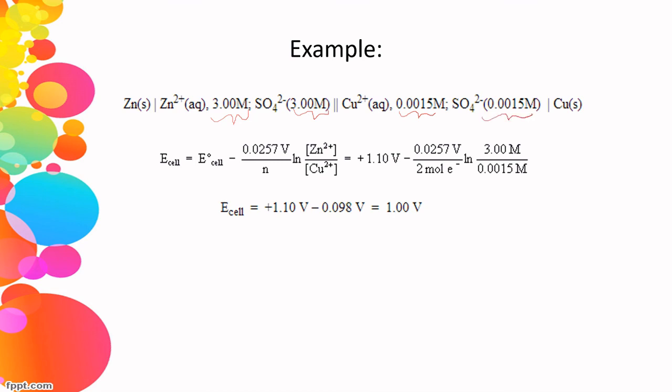When we calculate E cell, we use the formula E naught cell minus 0.0257 volt divided by n, times ln of zinc 2 plus divided by copper 2 plus. So what we get is 1.1 volt minus this value, and the EMF of the cell equals 1 volt.